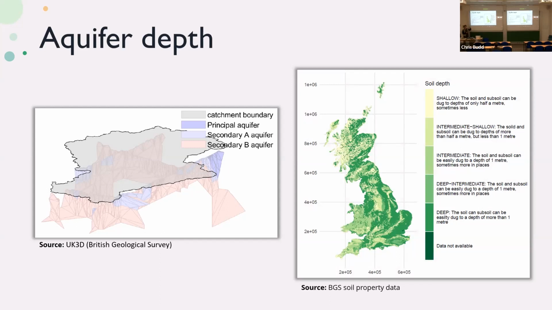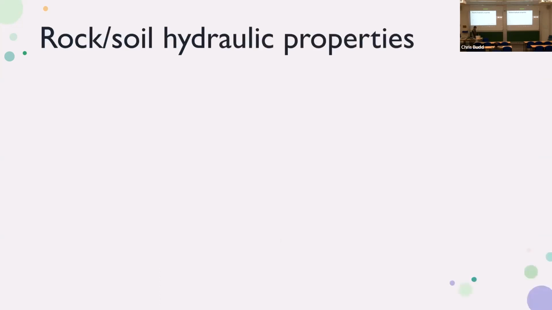The rock is almost impenetrable. In which case, the space which can be occupied by the water will be given by the thickness of the soil, which in case of UK, and I guess almost any other place in the world, will be of the order of magnitude of 1 meter, which is what this map shows us, also obtained from the British Geological Survey datasets.